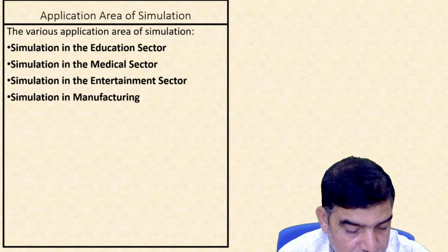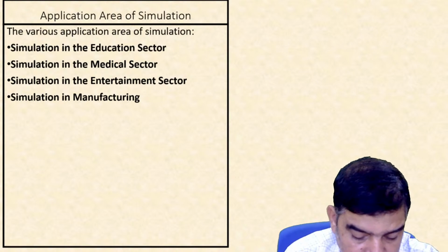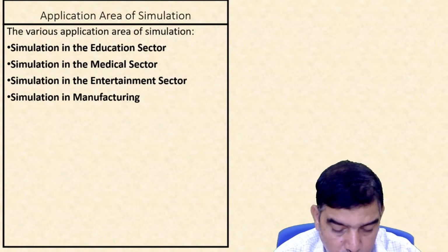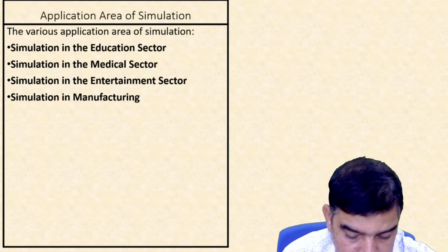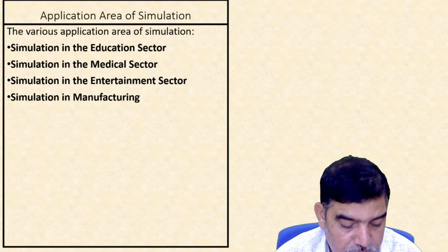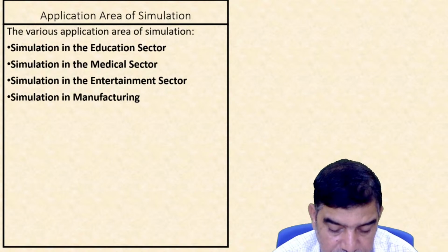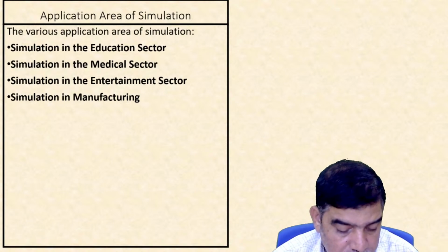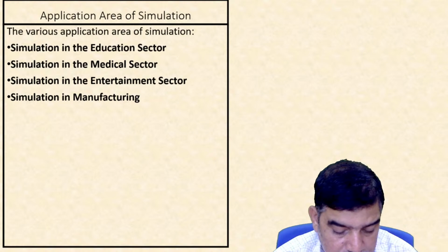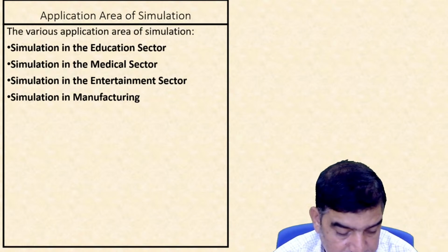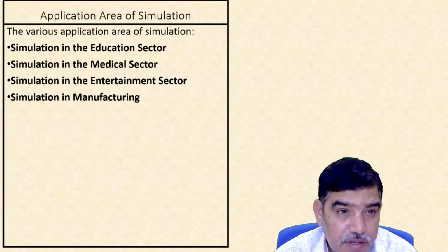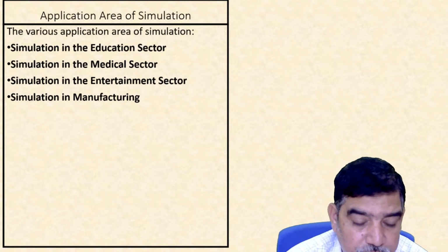In this way, these models are used for producing high quality films and controlling visual effects. Some of the films in which simulated models have been used are Finding Nemo, Wall-E, Live Free or Die Hard, Iron Man, like that. So in this way, simulation is useful in the entertainment sector.